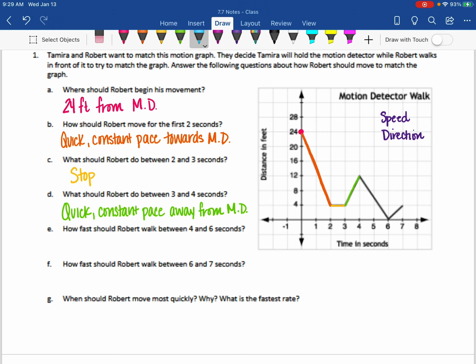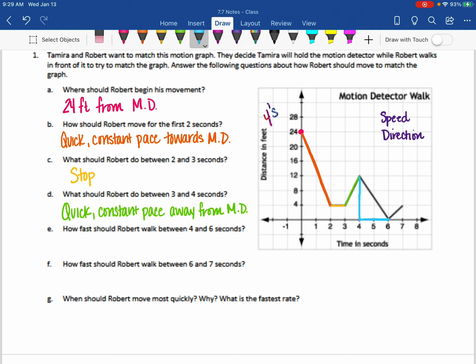Okay. How fast should Robert walk between 4 and 6 seconds? So I'm just going to go ahead and draw my slope triangle in here so that I can trace my rise and my run. Something that is important, if you'll notice on our y-axis, we are not counting by ones. We're counting by fours. So each block counts for 4 feet.